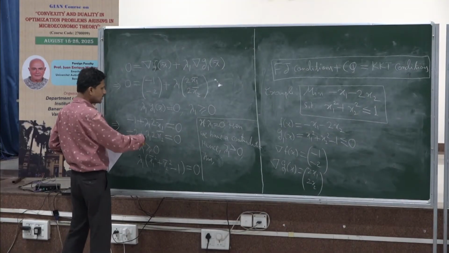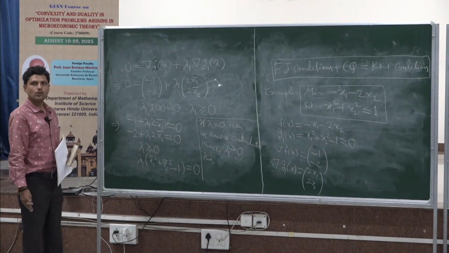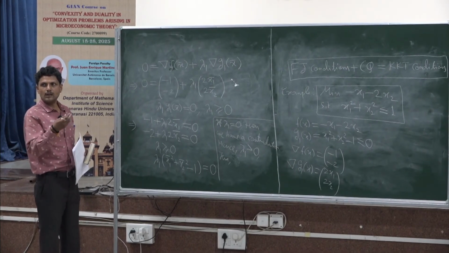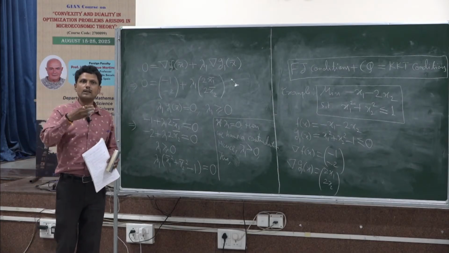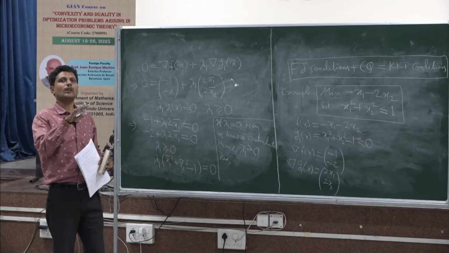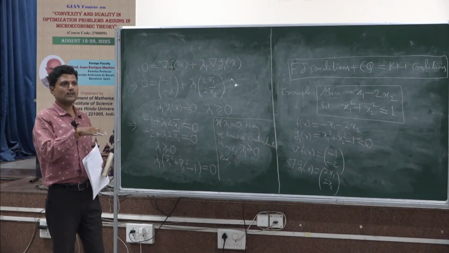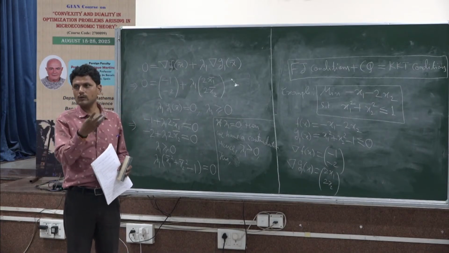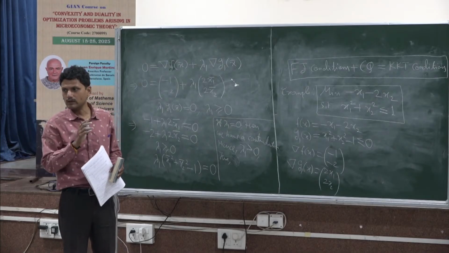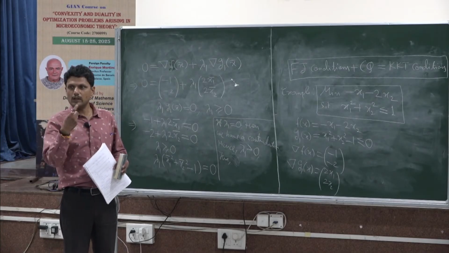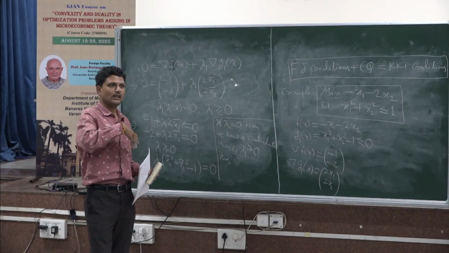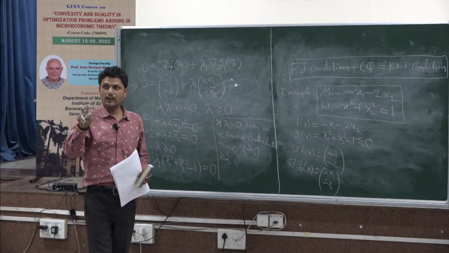See, all these conditions are to be used to find out a possible value of the point where these conditions are satisfied. But that point may not be an optimal solution, even if it satisfies the KKT condition for a non-convex optimization problem. For a convex optimization problem, it is equivalent. But yes, the KKT point will help us to screen out the feasible region, like we do in linear programming problems.